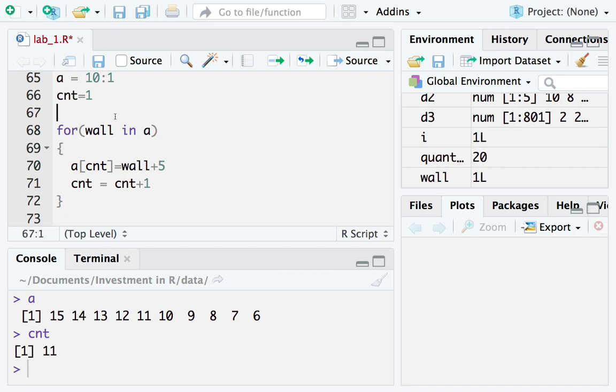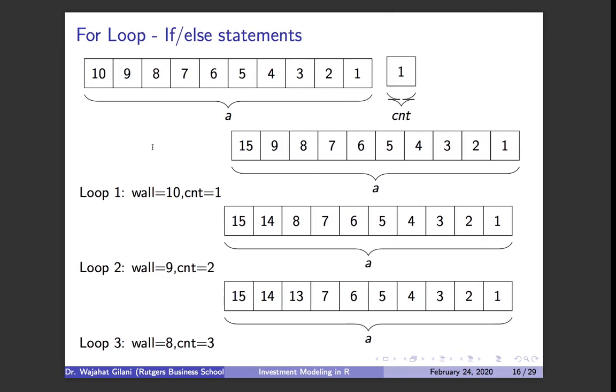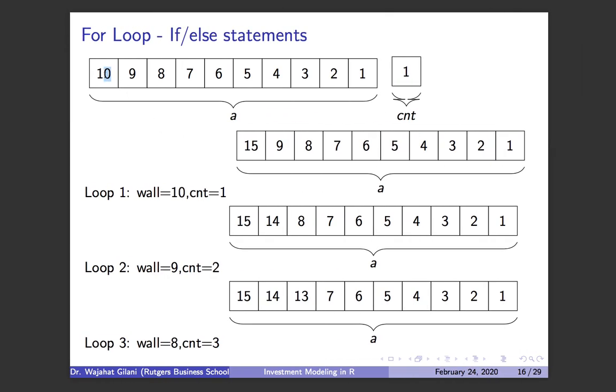When the for loop starts, wall takes a snapshot of what's in A, and it will run through those original values. So the first value of A is 10. Wall takes on the value of 10, and CNT, as we know, has a value of 1.